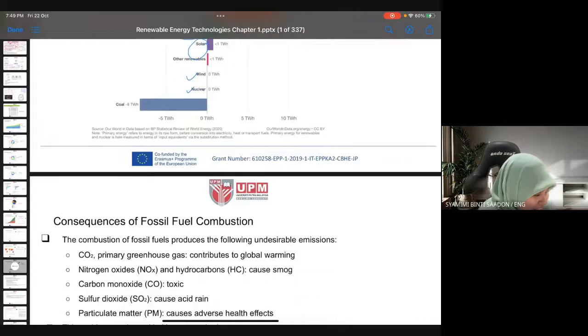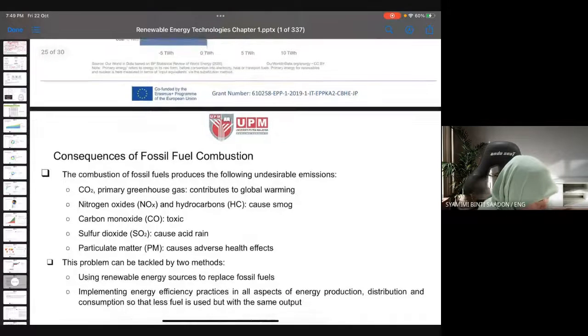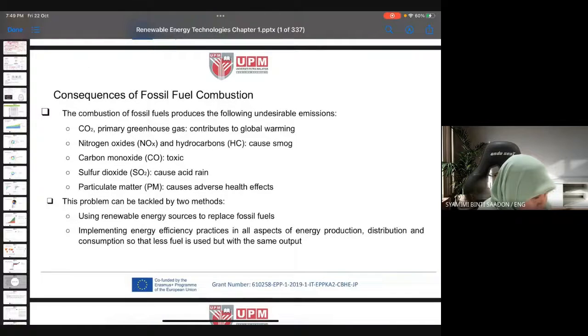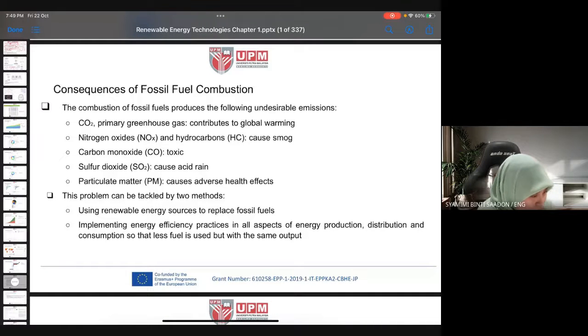Okay, so I think these are the consequences of why, like I said just now, we need to explore other types of energy, because we want to reduce the undesirable emissions, reduce the greenhouse gas effect, which contributes to, of course, global warming, right?